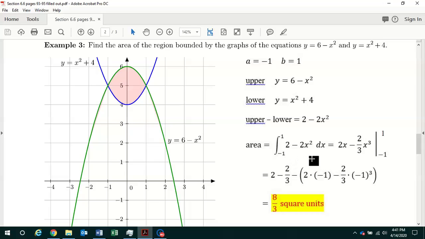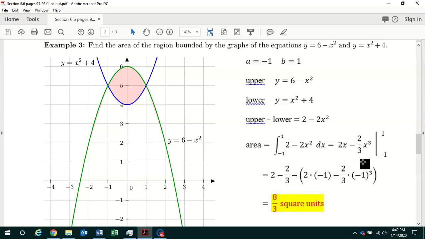The antiderivative of 2 is 2x. The antiderivative of minus 2x squared is minus 2/3 x cubed, and the limits of integration are -1 and 1. We put in the upper limit of integration, 1, for x, and 2 times 1 is 2, minus 2/3 times 1 cubed is minus 2/3. Then we subtract and put in the lower limit of integration.